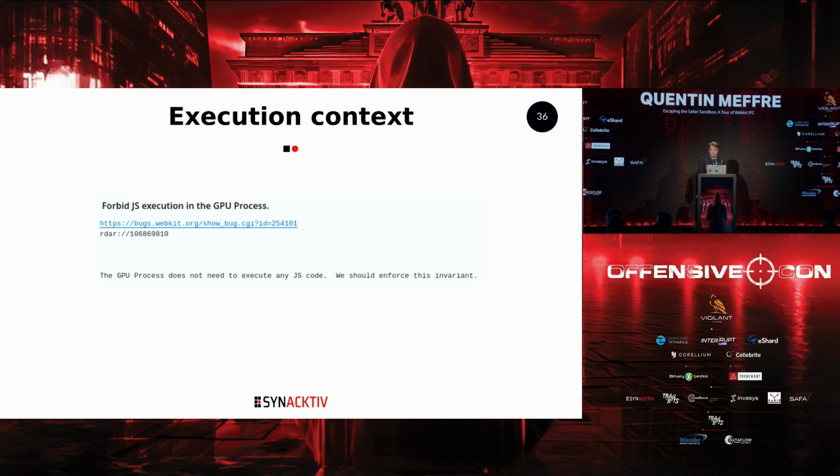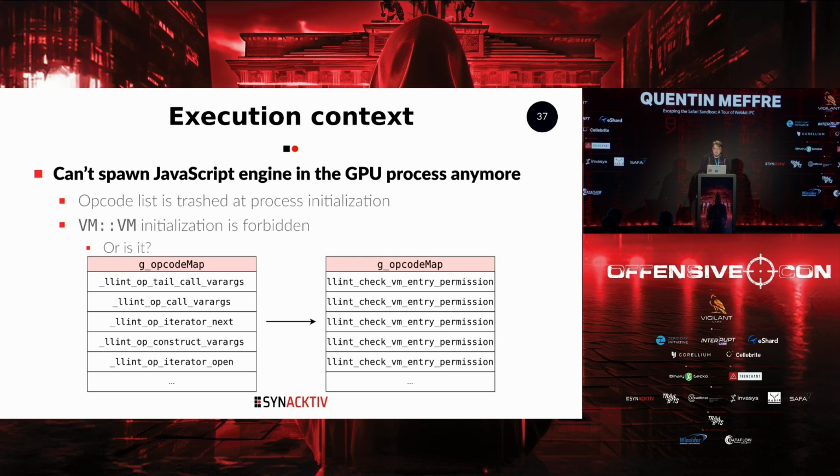So after fixing the GPU process exploit used in the wild, they pushed this commit which says forbid JS execution in the GPU process. Now the attacker can't spawn a JavaScript engine in the GPU process anymore, because when the GPU process initializes itself, it will trash the JavaScript engine opcode map.